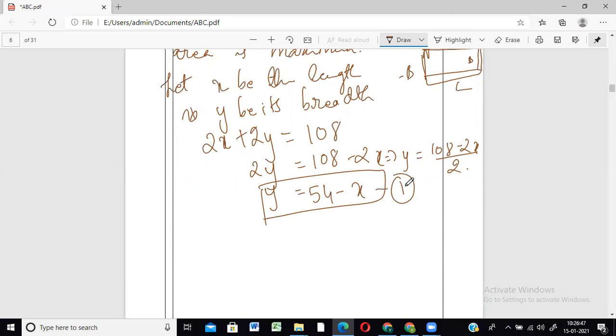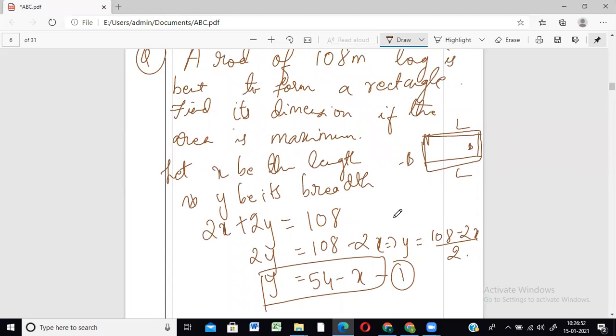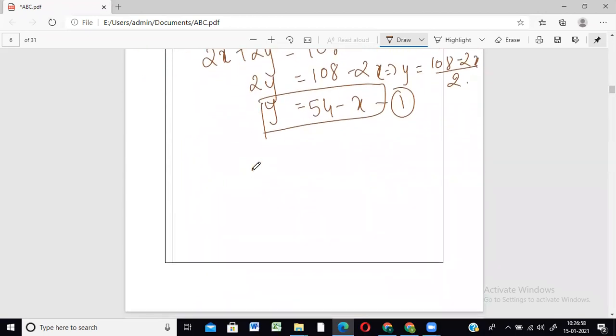Alright. After this, they're telling us about the area of the rectangle. For that, since we have to focus on the area of the rectangle, we should know the area formula. What is the formula for the area of a rectangle? It's nothing but length into breadth, right?